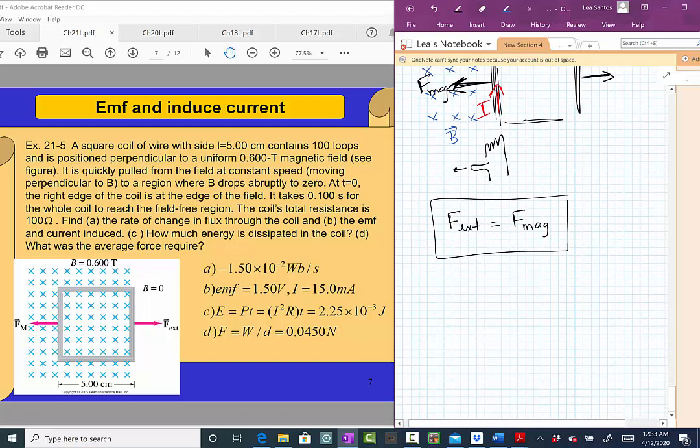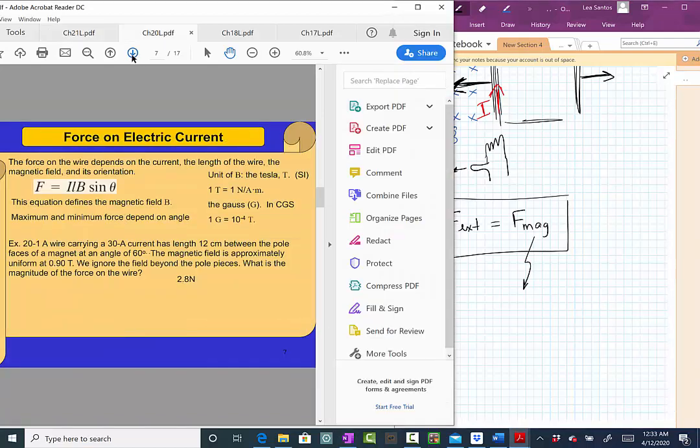Well, now to give numbers, let us try to remember what is the magnitude of this force. So go back to chapter 20. In chapter 20, we discussed the equation for this magnetic force when we have current in a magnetic field. So what is the equation?